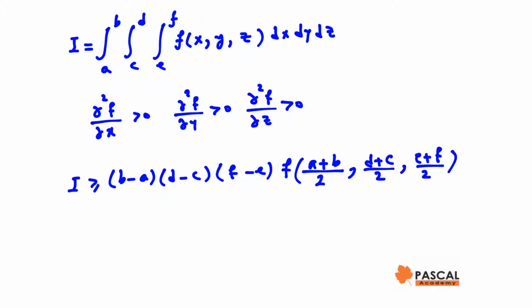If we use the method that we used for two-variable functions in integral inequality number 2, video number 2, we can say for functions of three variables, if f(x, y, z) has a positive second derivative with respect to x on the interval (a, b), a positive second derivative with respect to y when y is between c and d, and with respect to z the second derivative is positive when z is between e and f, then I is going to be greater than or equal to (b − a)(d − c)(f − e) f((a + b)/2, (c + d)/2, (e + f)/2).